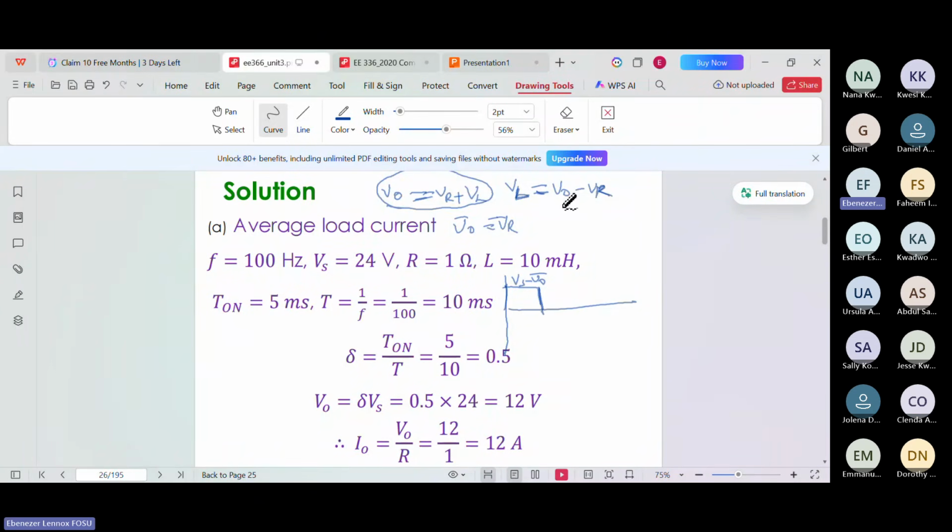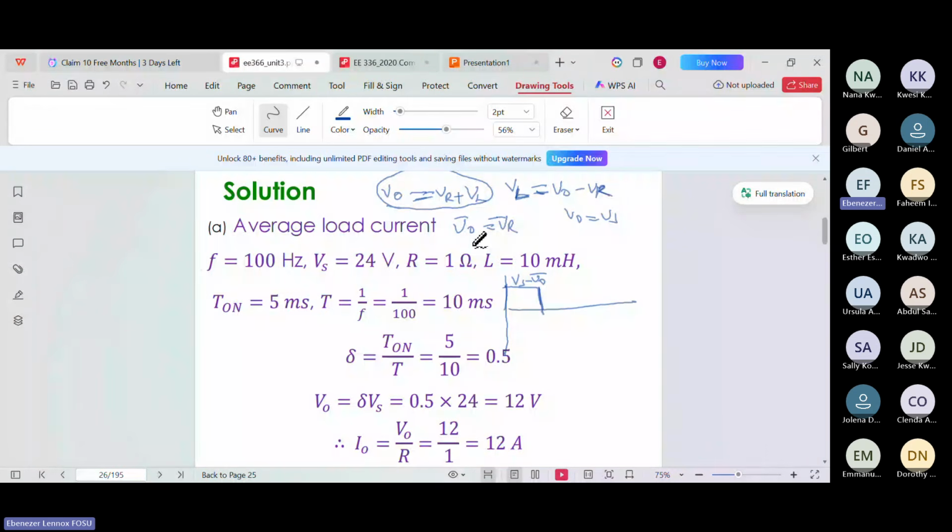Okay. So now when you make VL the subject, you get V naught minus VR. But bear in mind, these are not average values. Do you get it? During the time that the switch is on, V naught is equal to Vs. So wherever we see V naught here, we can put Vs. And VR is also equal to V naught average, because the average output value is equal to VR, right?